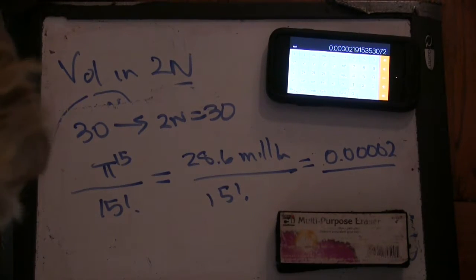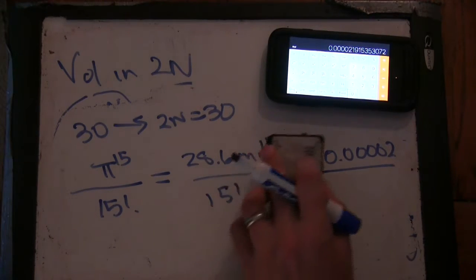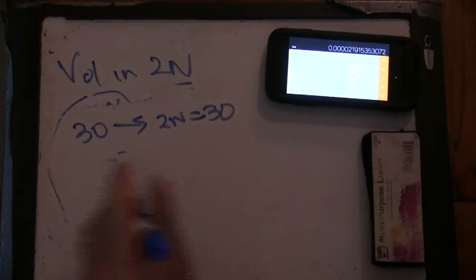And then we have to divide that by the volume of our 30-dimensional hypercube of side length 2. So that's going to be 2 to the 30. 2 root 30 would be the diagonal, but the volume is 2 to the 30th.